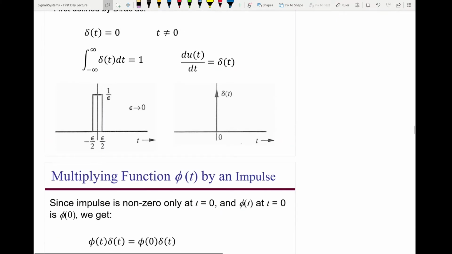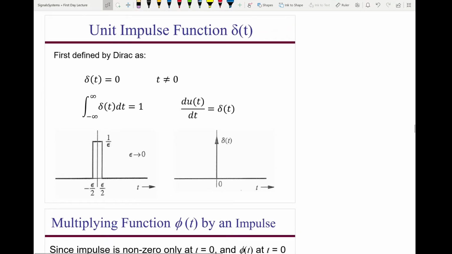All right, the next important function is the unit impulse function, and we call it delta t. And delta t equals infinity at t equals 0 and equals 0 everywhere else, but the area equals 1.